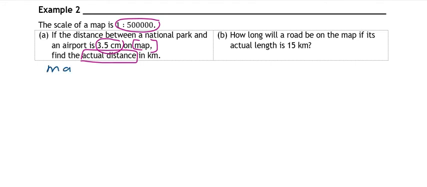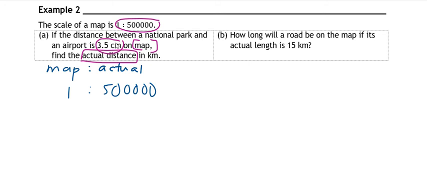Have to remember the ratio. Map is to actual. And you put the necessary digit here. So the first digit that you put, the first quantity that you put is the scale. So 1 is to 500,000. And the second one will be, what do you have here?